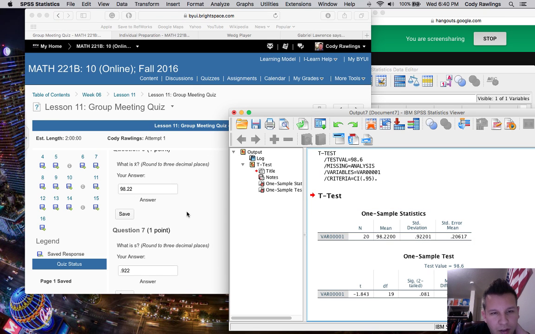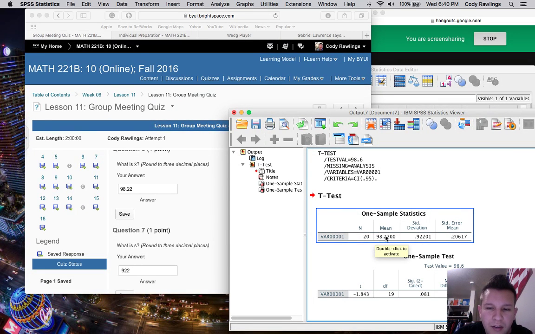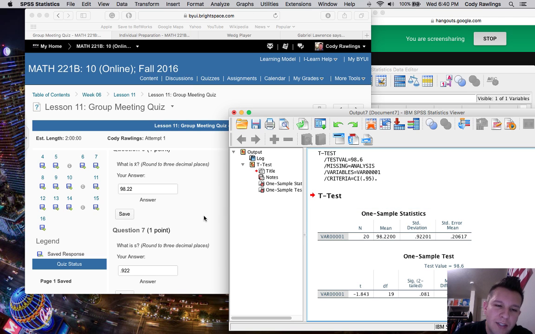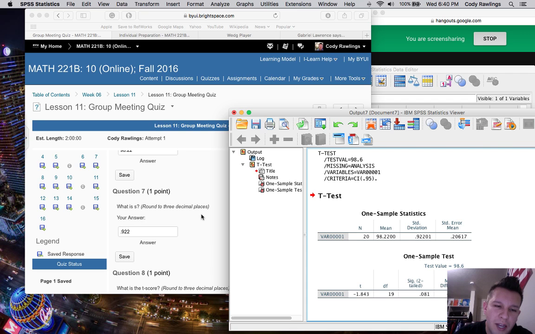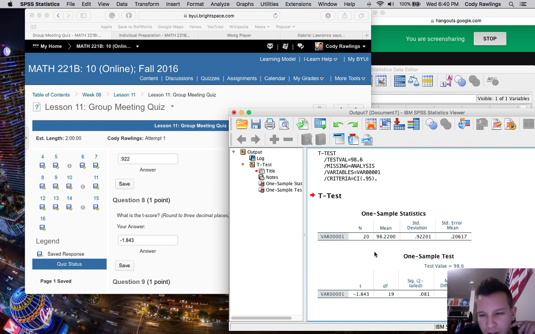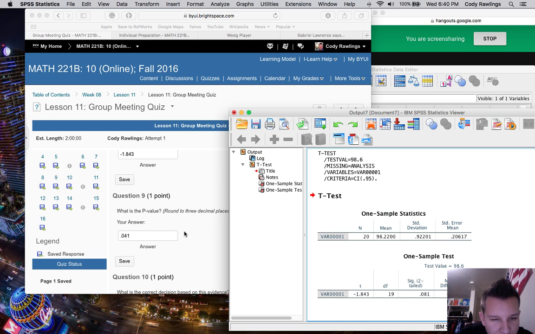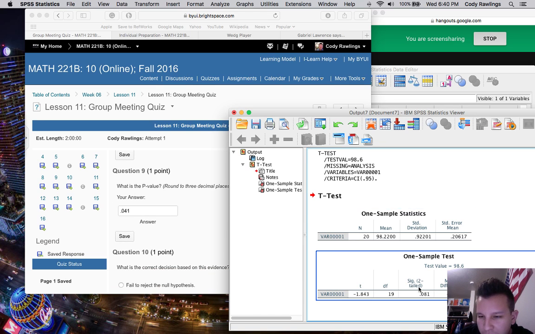And X bar means the mean, so that's 98.22, and S means standard deviation, and that's 0.922. So see, it's all right there. And then to get the p-value, it's Sig right here, but this is for a two-tailed test and we did a one-tailed test, so you just divide the 0.081 in half.